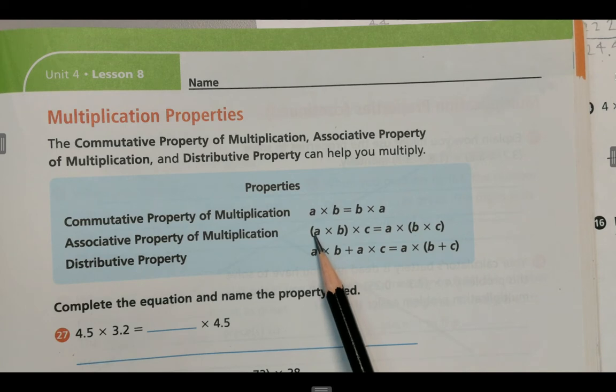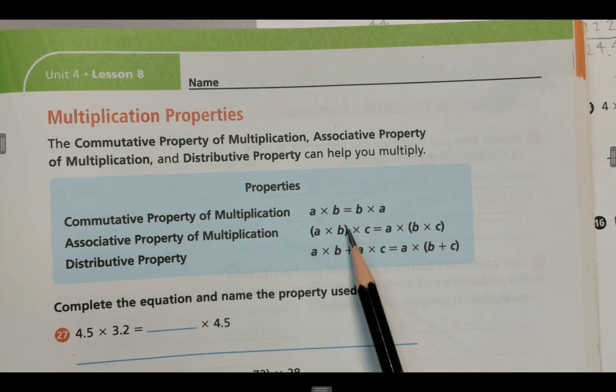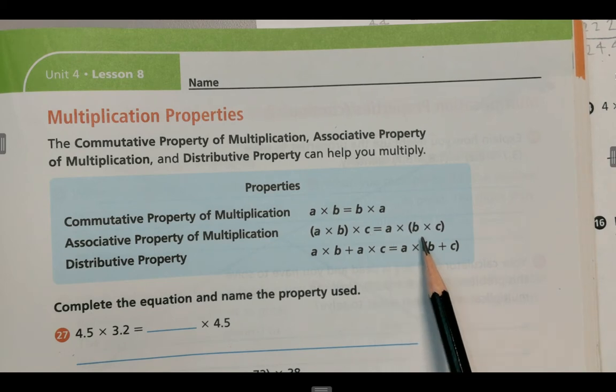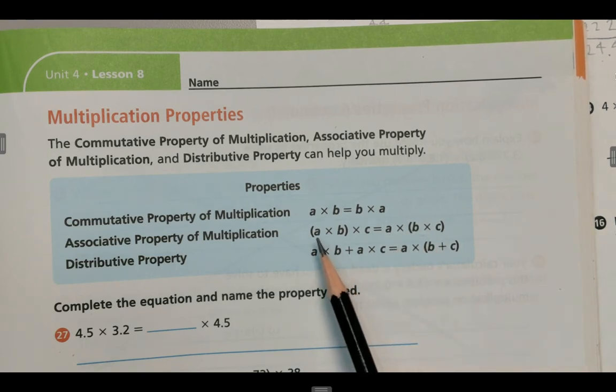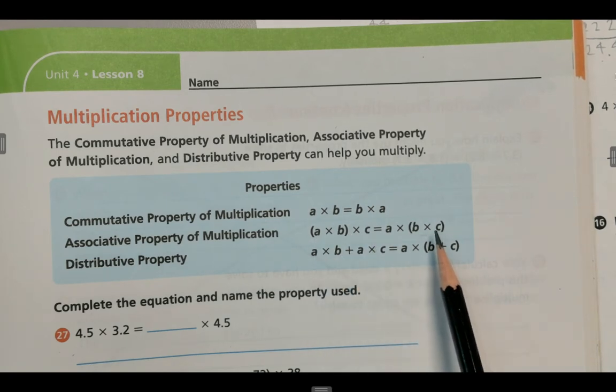Here we have surrounded A times B, so we'll do that step first and then multiply by C, but it's going to get us the same answer even if we were to surround B times C with parentheses and do that step first and then multiply by A. The only thing changing here is where the parentheses are located, what I'm grouping, what I'm doing first.